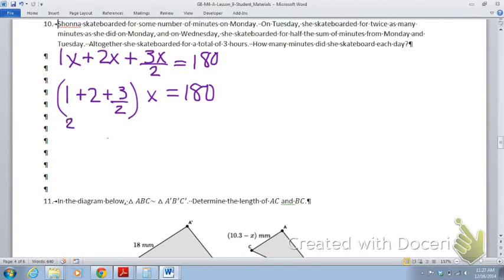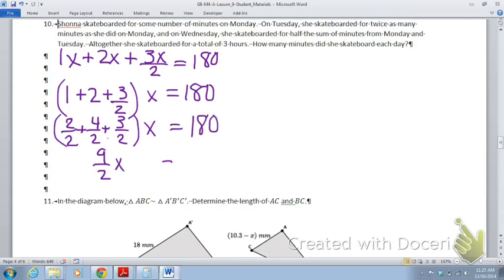So 1 is 2 halves, 2 is 4 halves, and this is 3 halves times x. So it's 4 plus 2 is 6, 9 halves x. And these are always equal to 180. Okay, so let's take this up here. So we've got 9 over 2 times x is 180.